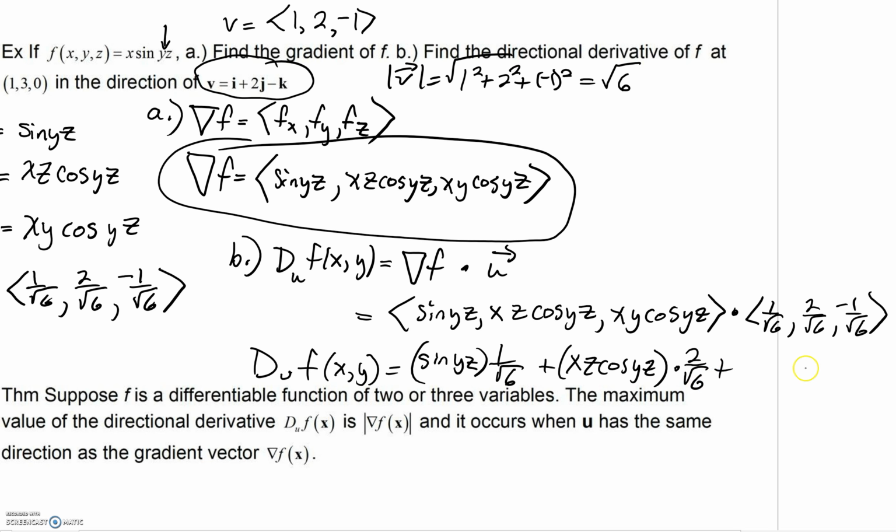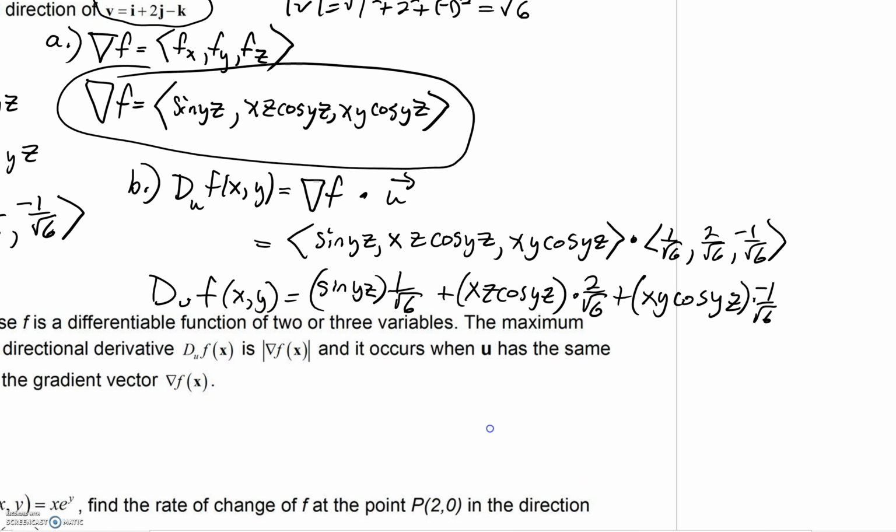And then we'll say plus, well, then we'd have xy cosine of yz times a negative 1 over root 6. However, we're going to be plugging in the point. Now, if memory serves, I think it was 1, 3, 0.